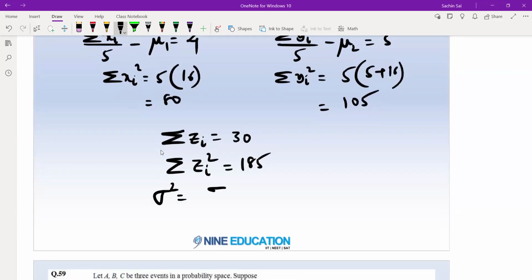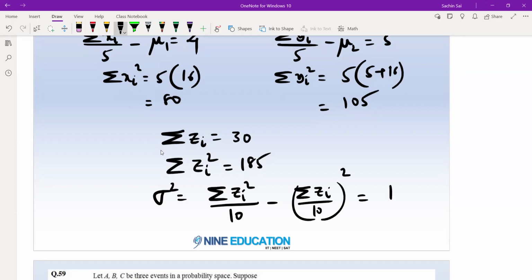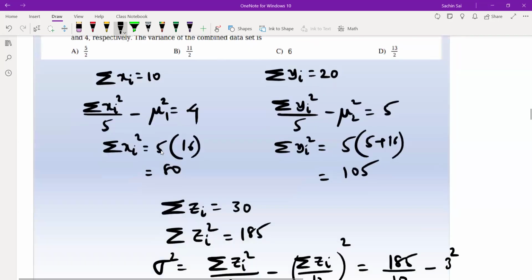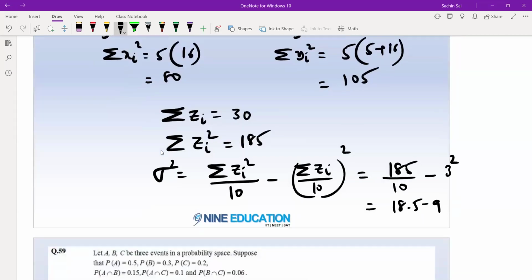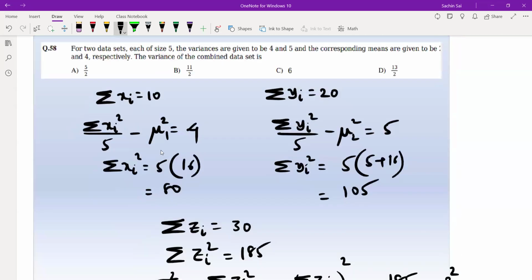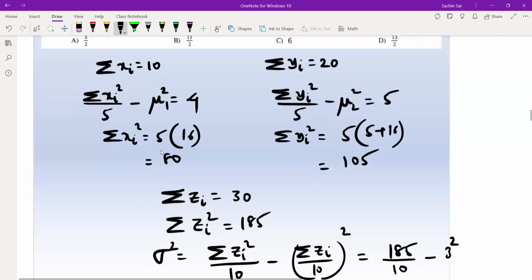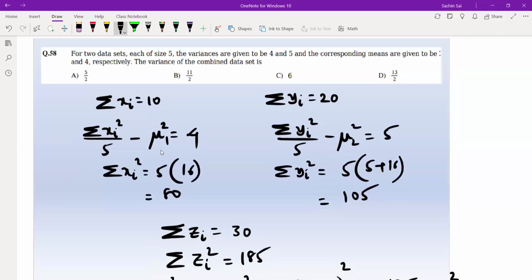Now you can again use the formula for the variance to calculate the variance of the combined data set. So the variance will be the mean of squares, and here there will be 10 observations, minus the square of the mean. This will be sigma zi by 10 whole square. So this will be 185 by 10 minus 3 square. So that is 18.5 minus 9. Variance is correct here. Mu1 square is 4.